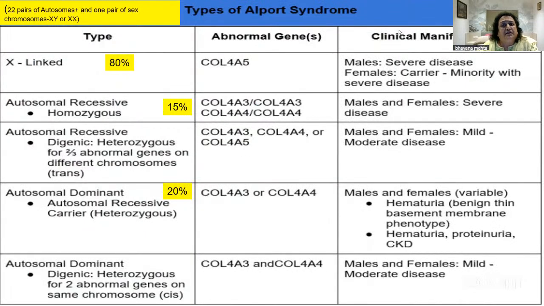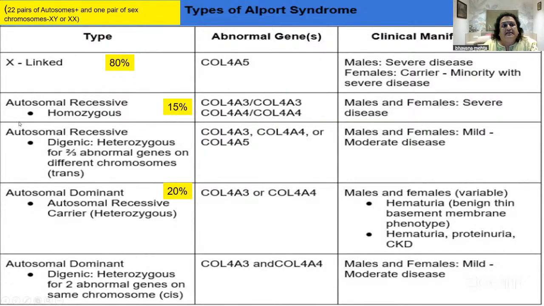Alport syndrome can have varied modes of inheritance. It is linked to the X chromosome, a sex chromosome, as well as the autosomes. X-linked inheritance is the most common, in up to 80% of patients, where males are more severely affected, but females are carriers due to inactivation, or lyonization, of the other X chromosome.